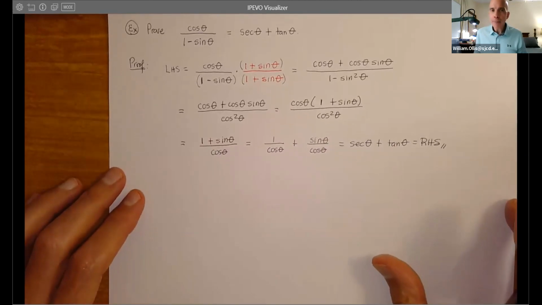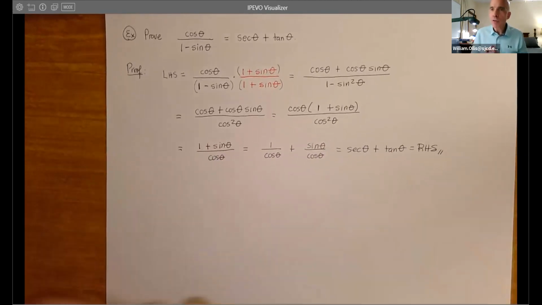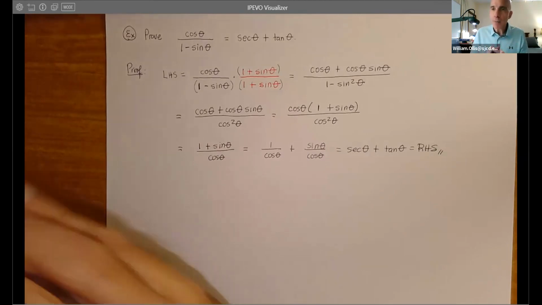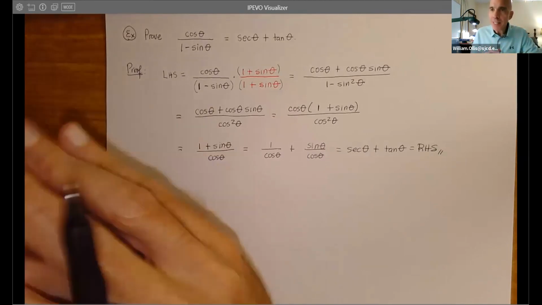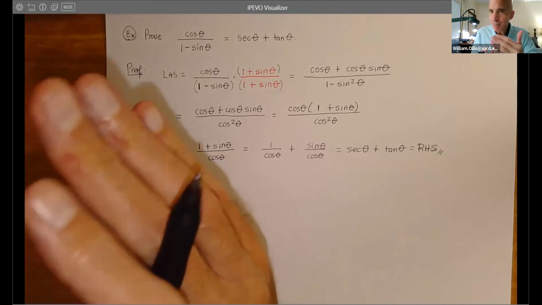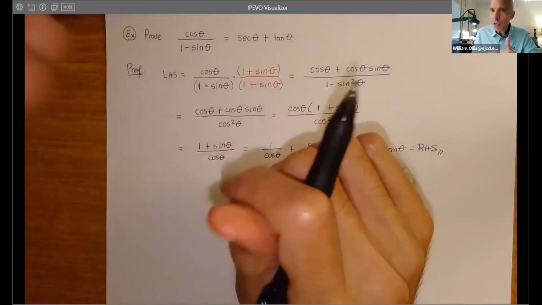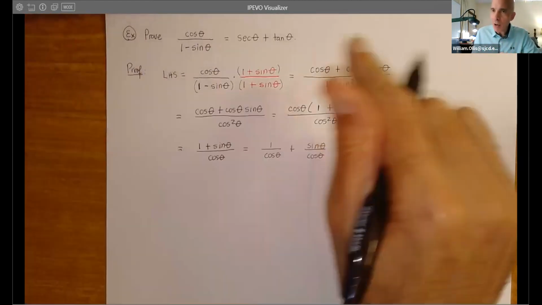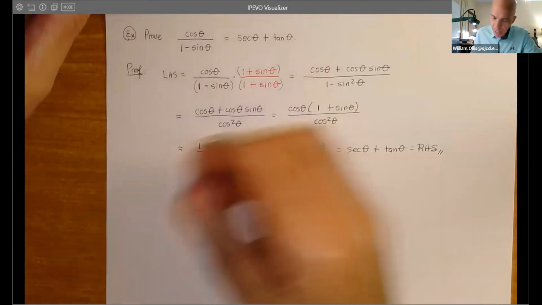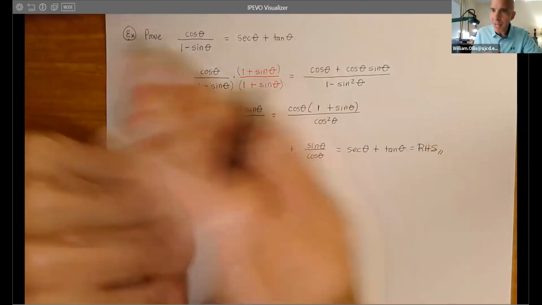So again, there's no right way or wrong way to prove an identity. In the WebAssign, they might have some blanks, and they'll start to set up the proof, and you fill in the details. It's basically a computer algebra proof where you write it out, look at what they're doing, then go back and fill in the blanks.